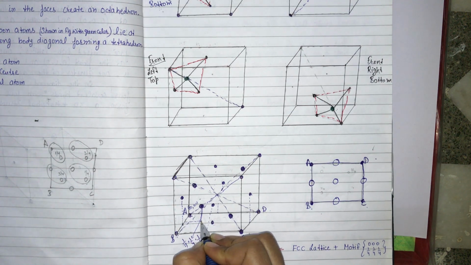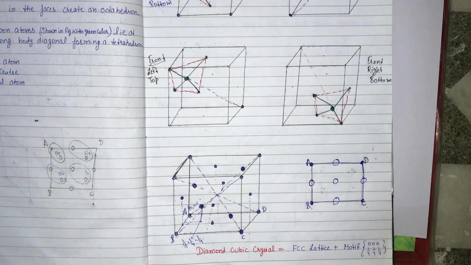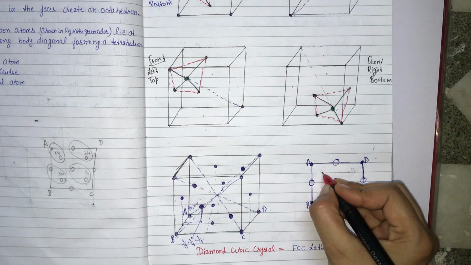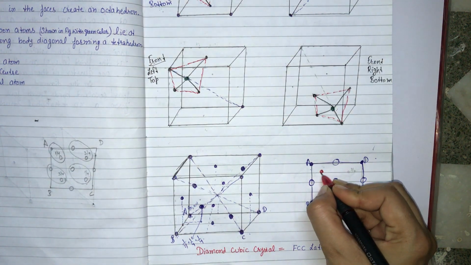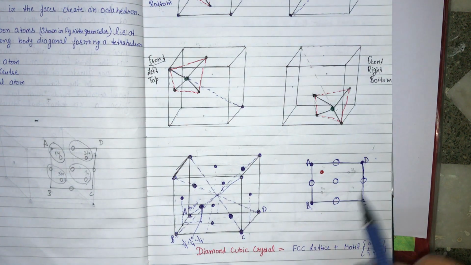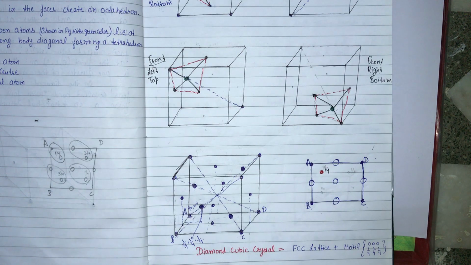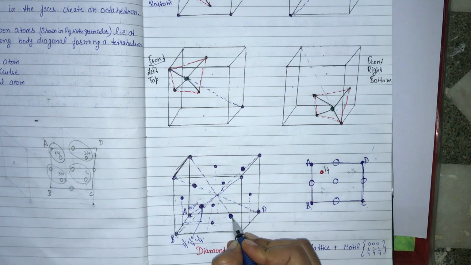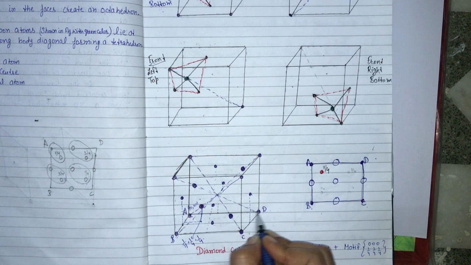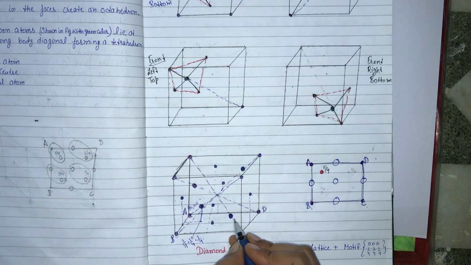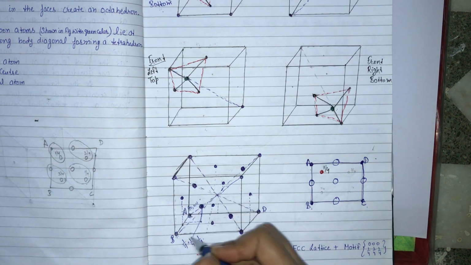If I project this carbon atom, then this carbon atom position will be at this point. This is 1/4 along the body diagonal. Again, if I mark this carbon atom location in the two-dimensional projection picture, this is also with respect to the height of this unit cell.